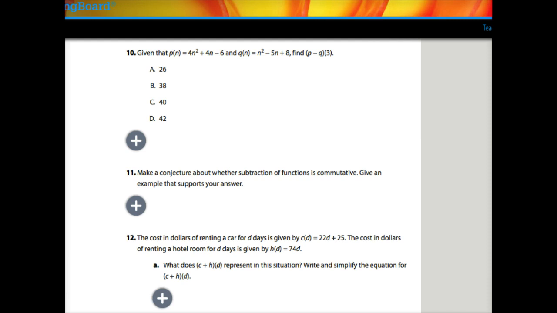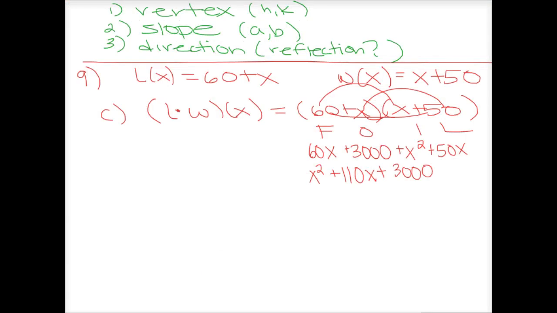So if I go back to my other screen here, and I take my P, which is 4n squared plus 4n minus 6, and I'm going to subtract the Q because it says P minus Q. So n squared minus 5n plus 8. Remember that on subtraction, you have to distribute the negative.